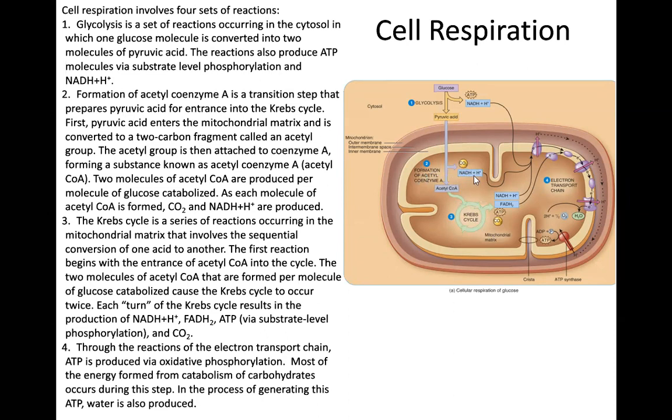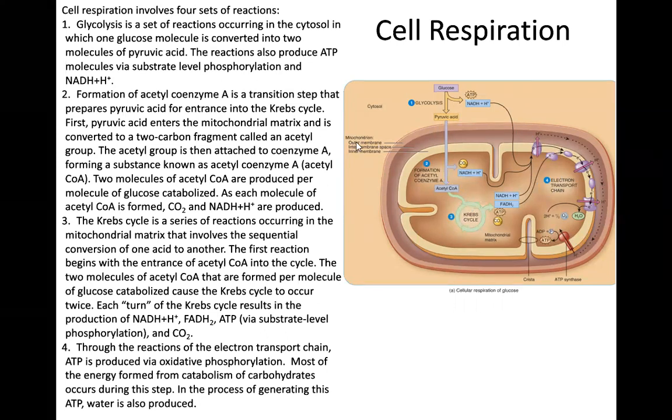We also oxidize the acetyl-CoA, or the pyruvic acid, which is helping to form acetyl-CoA, and that forms NADH plus H plus. We form a lot of NADH plus H plus and a little bit of FADH2 in the Krebs cycle, along with a little bit of ATP. Both the Krebs cycle and the transition reaction are taking place inside of our mitochondria.